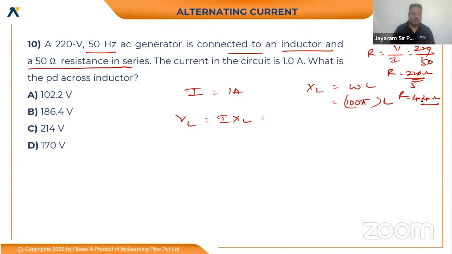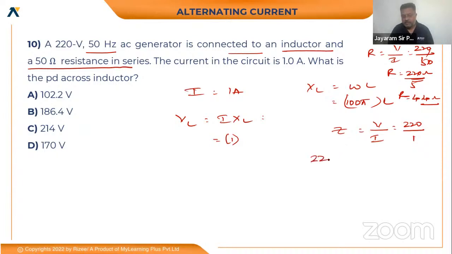So from this one, what is the potential difference we need to take? That is the inductor and 50 ohms resistance connected. Inductor value he has not provided. But from this one, you need to find the Z, because Z is equal to V by I. V is equal to 220 volts, by current 1 ampere.